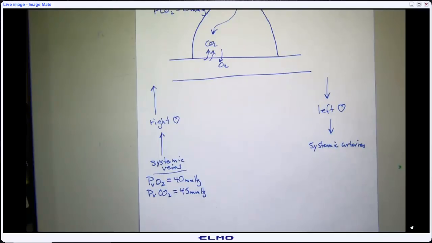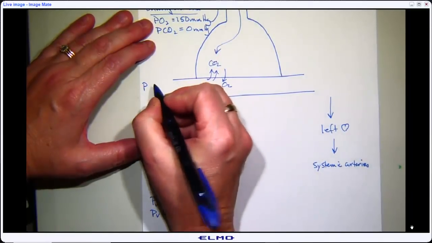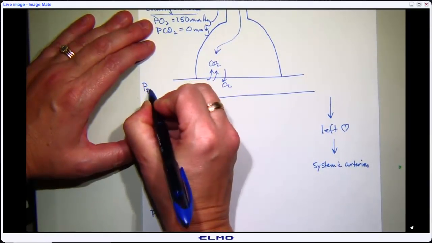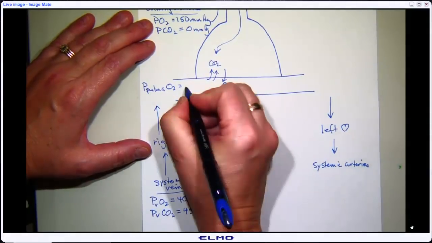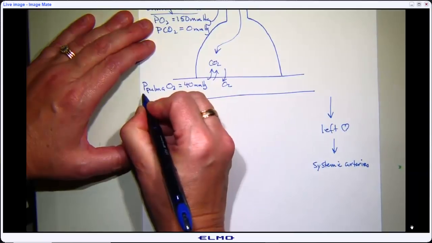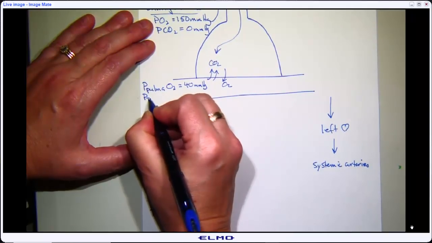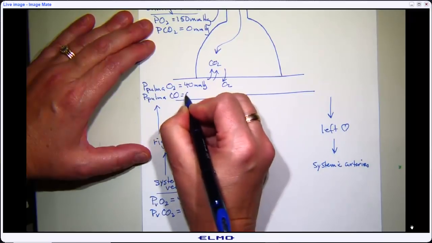Okay, so we would absolutely expect that the partial pressure of oxygen in the pulmonary artery is going to be 40 millimeters of mercury, and the partial pressure in the pulmonary artery of CO2 should be 45.